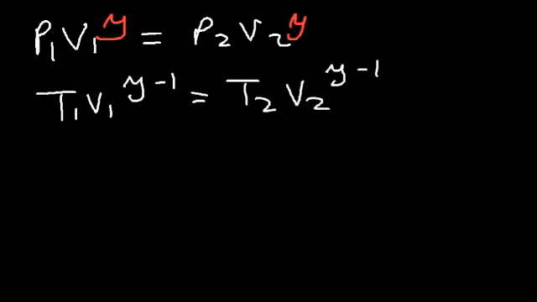Now you can also find work using some other equations. So starting with this equation, negative nCV delta T, it might be useful to write this equation in terms of pressure and volume.